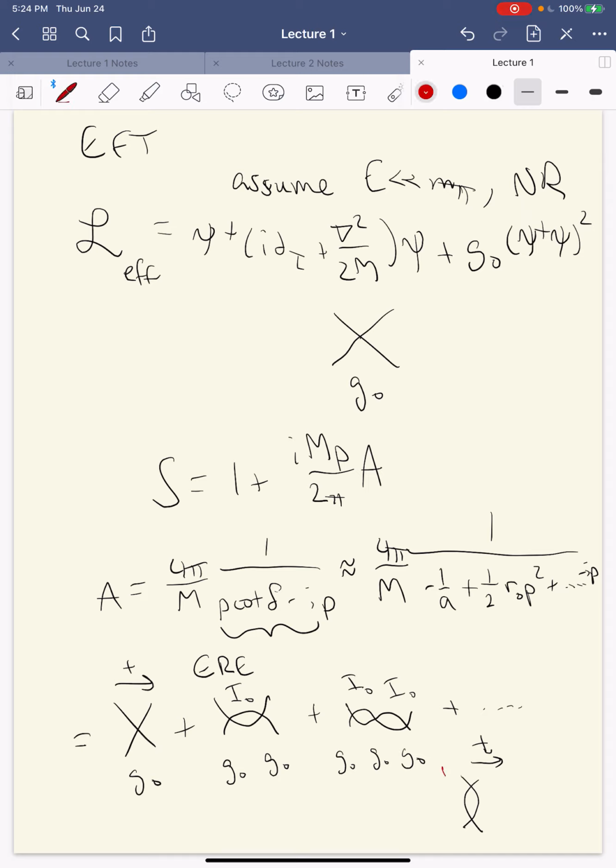So all diagrams like this go away. You won't have any tadpole diagrams, anything like this that involves antiparticles, we don't have. The only thing that these nucleons can do is come in, interact, and then scatter off.